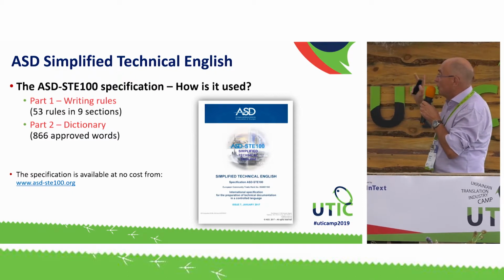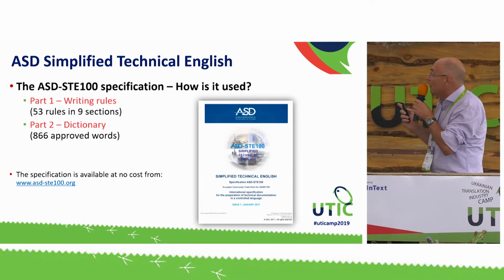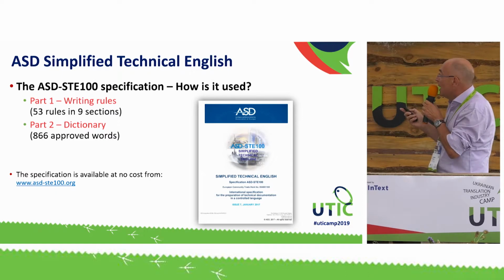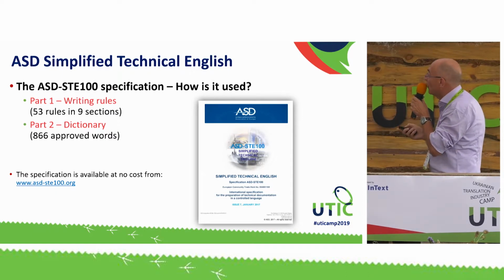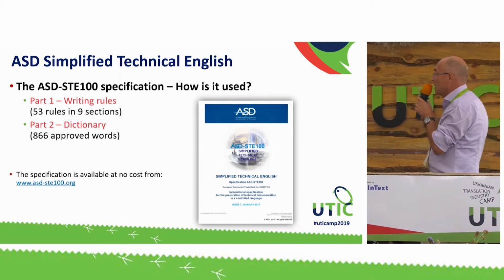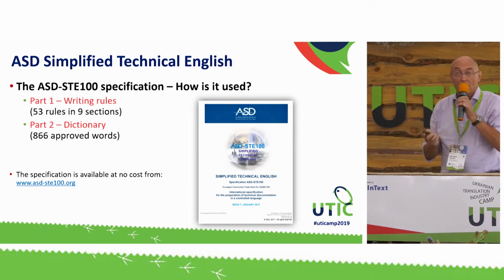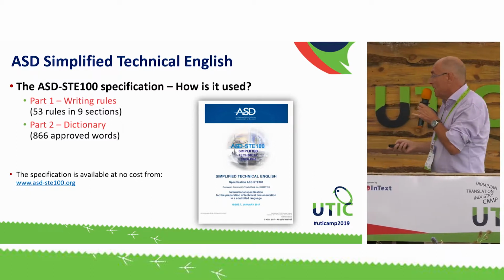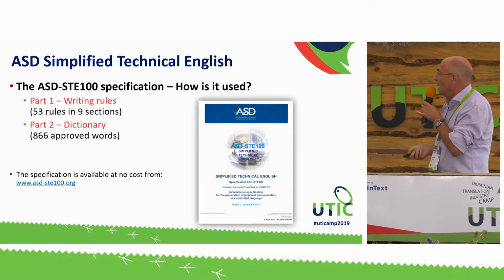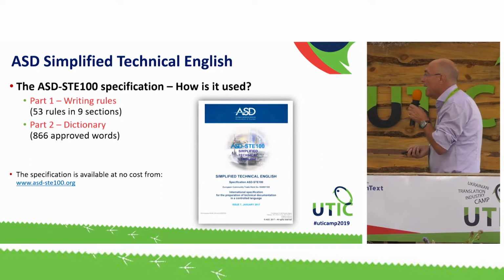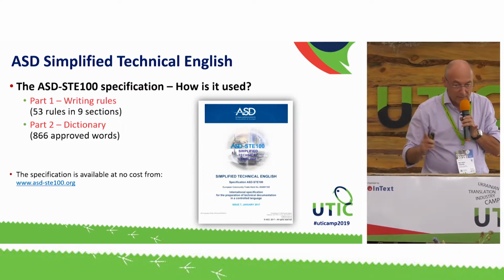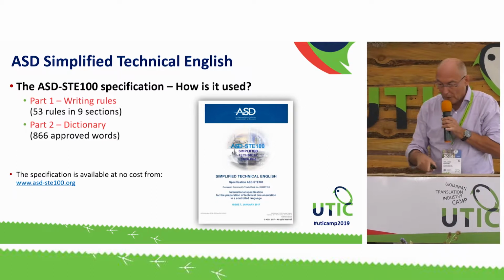So, two parts. Part 1, writing rules, 53 rules in 9 sections. Part 2, dictionary, 866 approved words. The specification is available, and this is important, at no cost. It is not downloadable, but if you go to the website www.asd-STE100.org, you can find a very simple form.